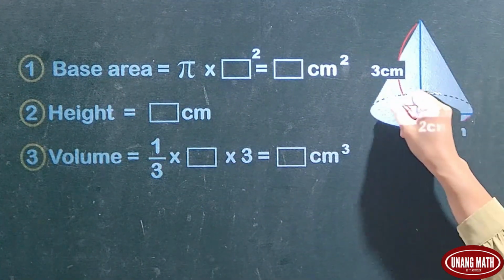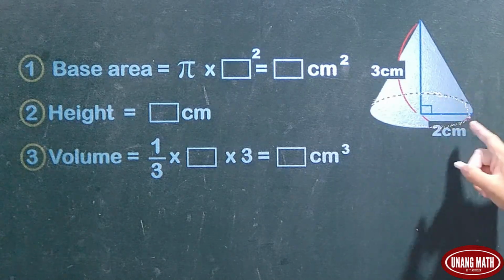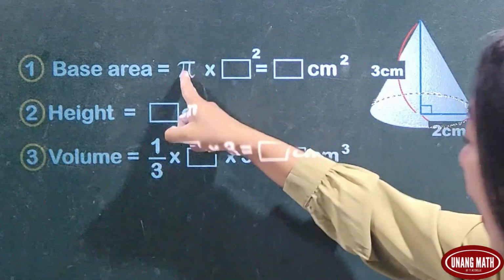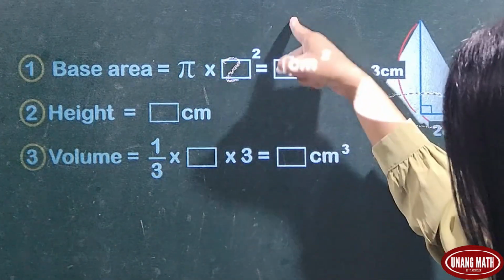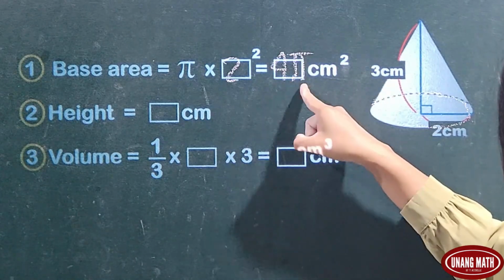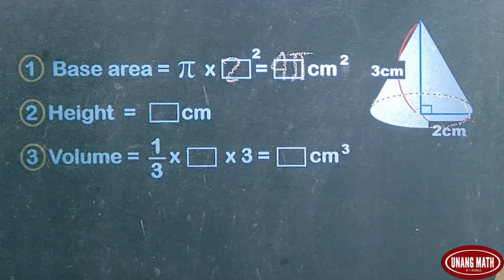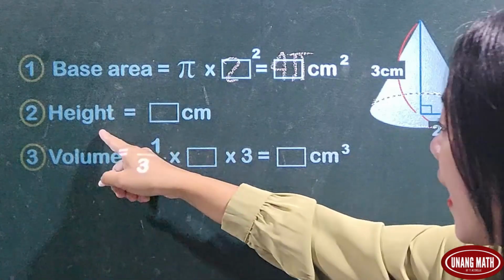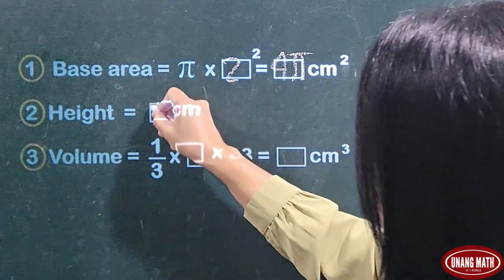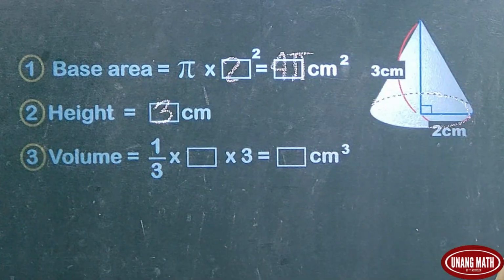Since the base is a circle, then we have to get the area of the circle. The radius is 2 centimeters. So pi times 2 squared. 2 squared is 4. So this is 4 pi square centimeters. What about the height of this cone? It's given that it's 3 centimeters.